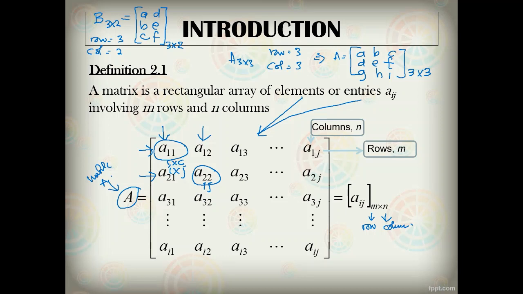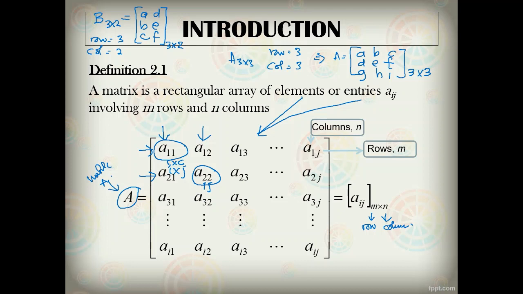This element is located in the second row. This is the first, this is the second row, and the second column. So these are all the elements of the second column, and these are all the elements of the second row.